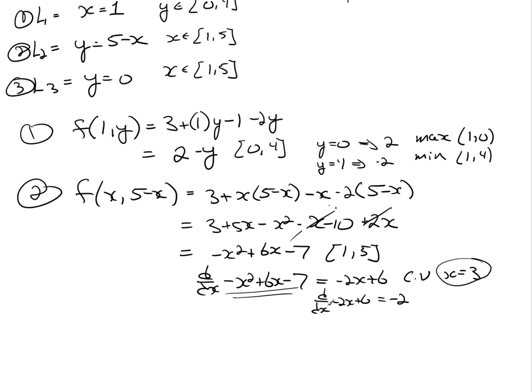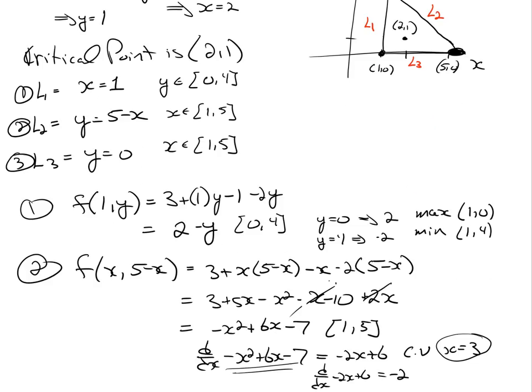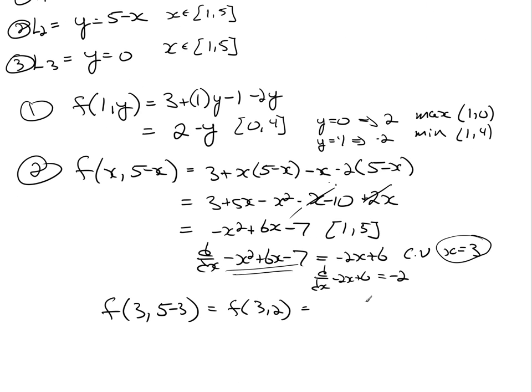And the value I'm going to be interested in is back in this function. I'm going to want x to be 3, so I need f of 3, 5 minus 3. That's f of 3, 2, which, when I put it back into that original function, is simply 2.